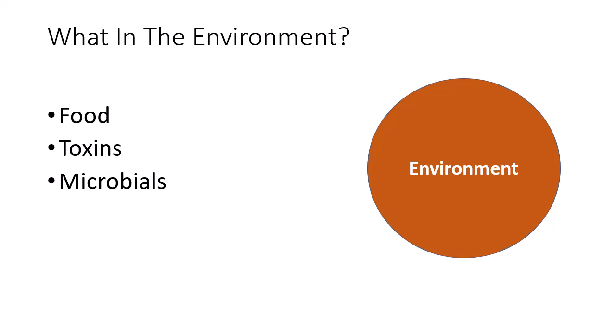So when we speak of the environmental insults that are causing immune dysfunction, which in turn causes the immune system to attack our body, and we're looking at food, toxins, and microbials, then you can ask, okay, what do we do in functional medicine to deal with these different aspects of the environment that can cause this dysfunction or imbalance in our immune system?